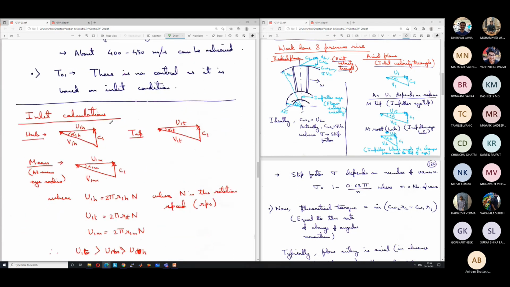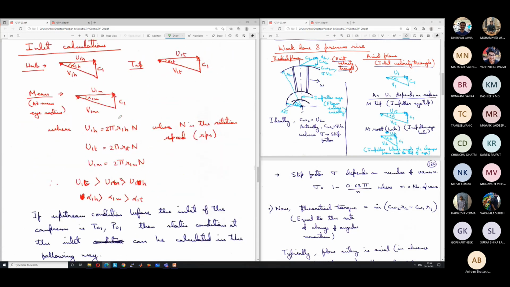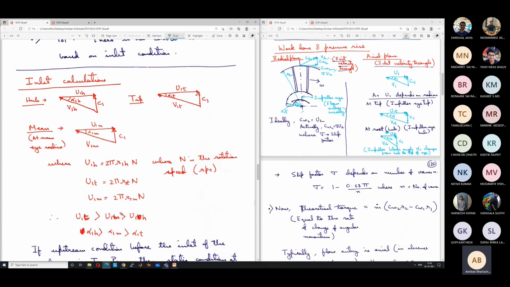Next, as I was discussing about the inlet, we have already discussed it, but just to repeat it in a more descriptive way. At all these sections, the inlet velocity is C1, but the blade velocity is going to change.